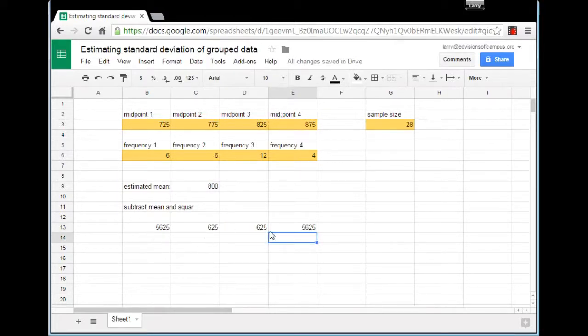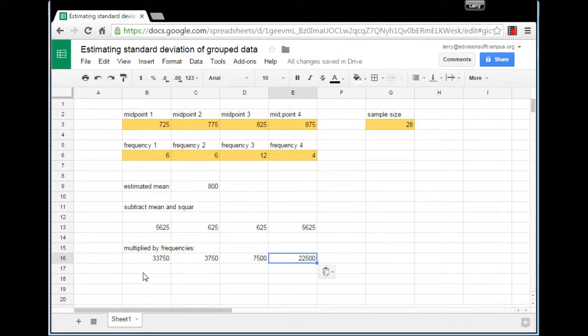All right, so we've got our set of values where we've subtracted the mean and then squared them. Now we want to multiply each of these by the frequency and then divide by the sample size minus 1. So let's multiply each of these by the frequencies. So this one equals this times this. I think we can just paste along here.